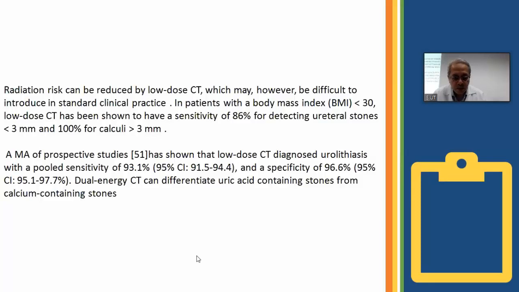its composition, for instance. So what CT scan is giving you in addition to X-ray IVP is, first of all, there is no contrast, so the radiation hazards and the hypersensitivity reactions of a contrast are not there. The second is there is a low dose of radiation. The third is the presence of a stone and the density of the stone.